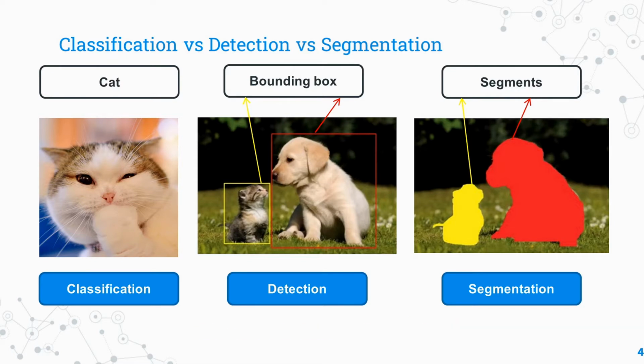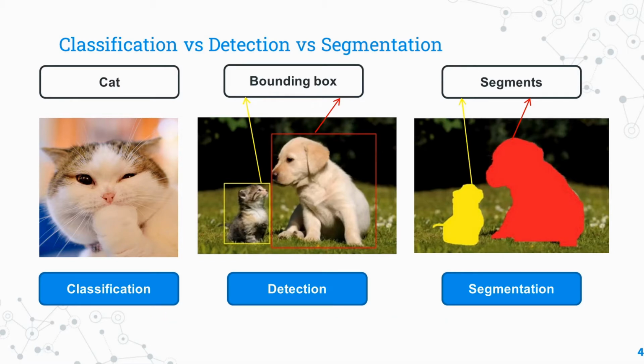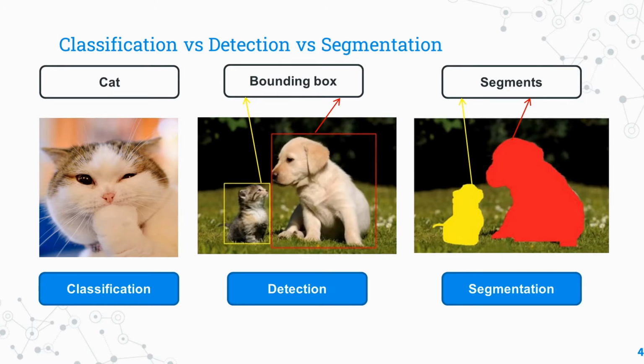The next is image detection. It takes an image as input and produces one or more bounding boxes with a label attached to each bounding box. In the second picture, there's a yellow bounding box for the cat and a red bounding box for the dog.